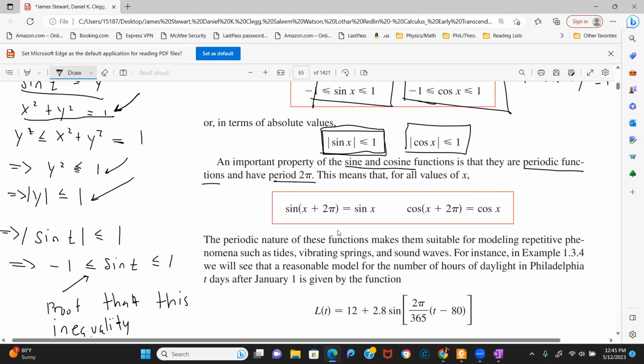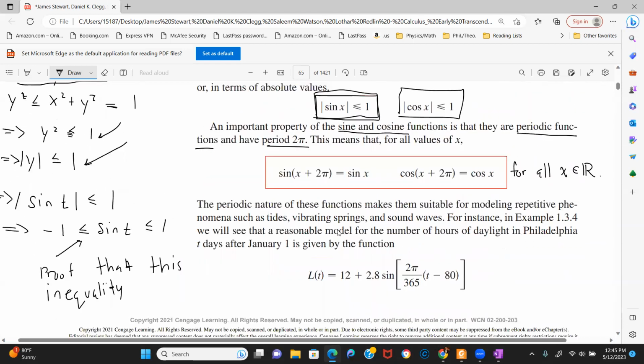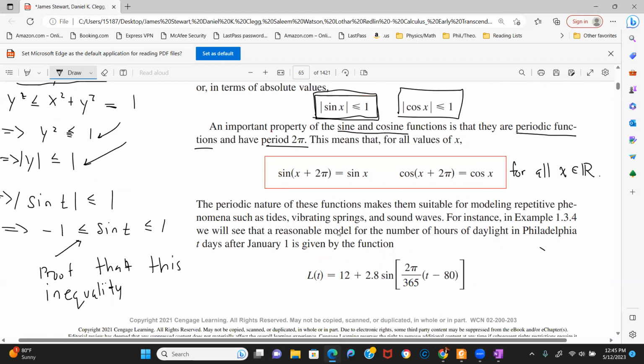So this is for all x in R, these two equations hold for all x in R. That's because, like I said, if you rotate or travel t, say t lands you there, and then you travel around 2 pi, you're going to land at the same spot.